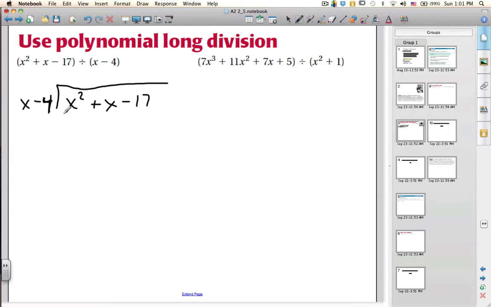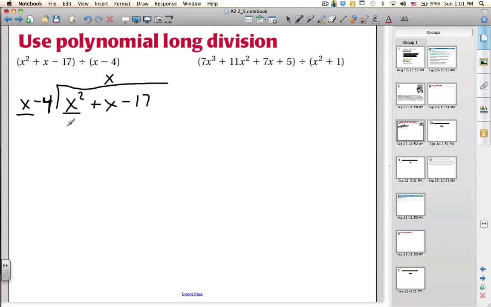But in doing this, I'm going to look really just at the first term here and the first term here. So what do I multiply x by to get x squared? I'm going to multiply it by x to the first power, and that goes here in the first power column. Then I multiply it times this whole thing.